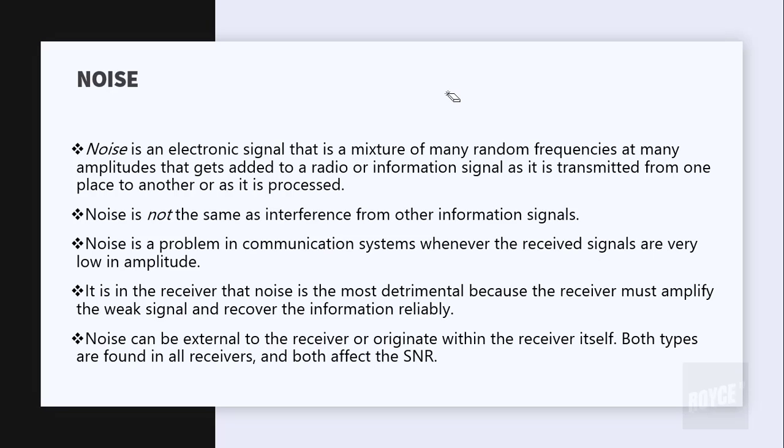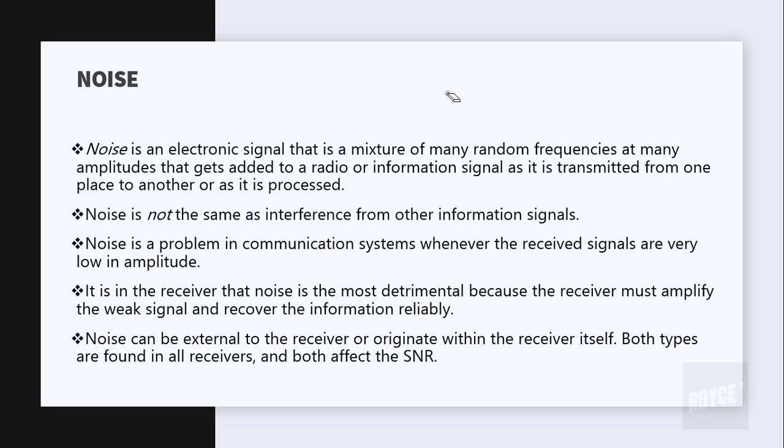These noises, yung origin ng noise na to can either be external to the receiver. It can also be within the receiver itself. So, yung ating mga electronic components, gumagawa din yan ng noise. So, our noise can be external or internal.